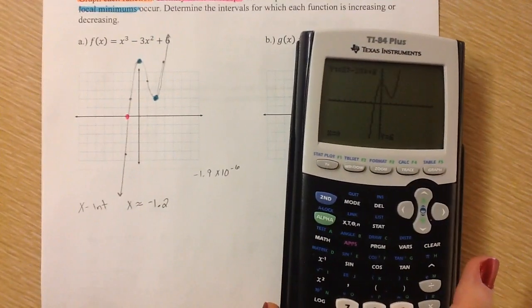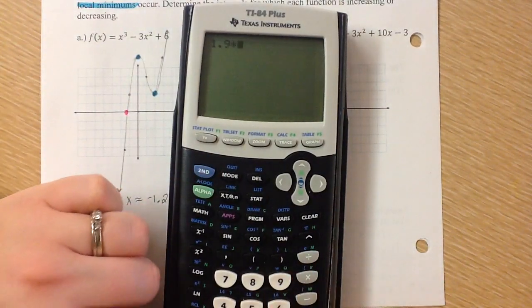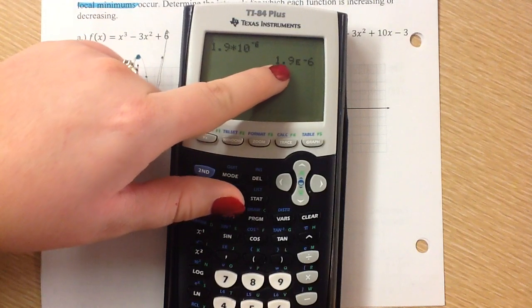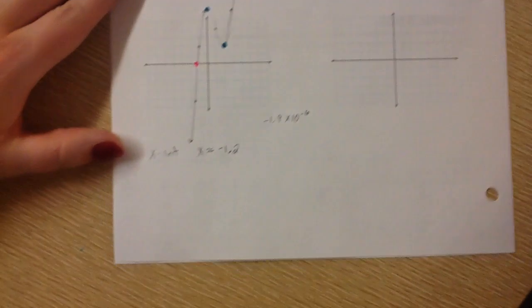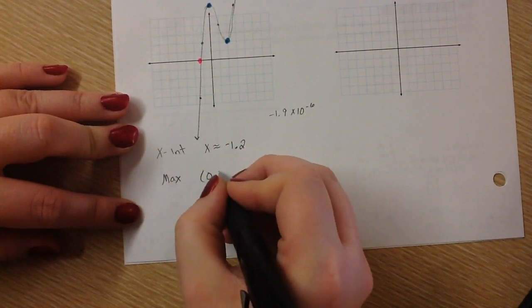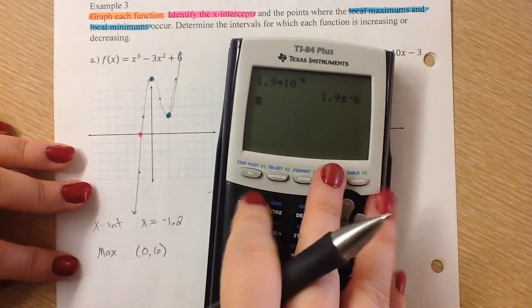But 1.9, if we go back to 1.9 times 10 to the negative 6, look at how small, it doesn't even try it. It's moving the decimal back 6 places, so it's that small. So that actual maximum occurs at the point 0.06. So you can't just take what the calculator says and be like, yep, that's good.